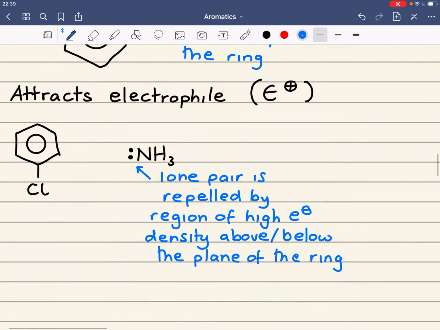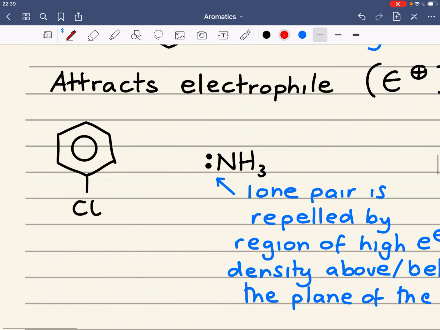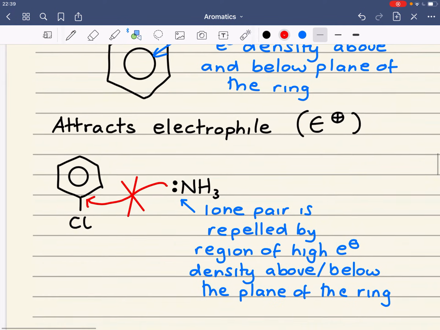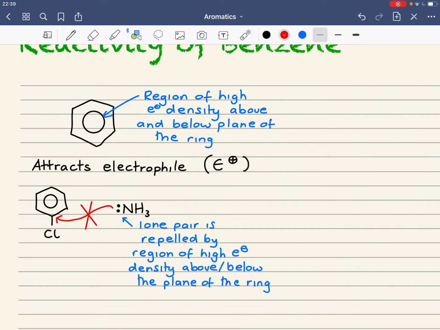So, nucleophilic attack on a benzene ring would be prohibited. So, this reaction here, this attack here, would be a no-go. So, the first thing we've looked at then is why benzene attracts electrophiles and why it repels nucleophiles.